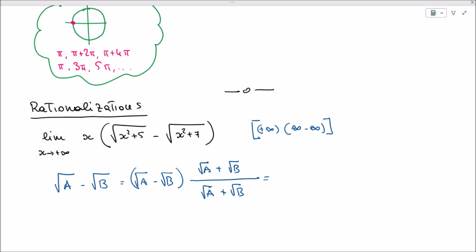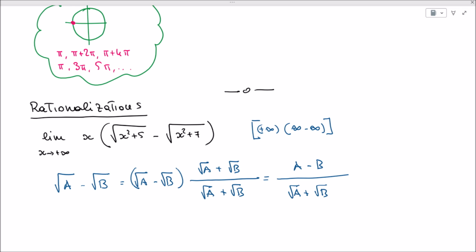But now we can multiply the numerators, and what we get is basically the product of a sum by difference. So what we get is a minus b divided by the square root of a plus the square root of b. So we have rationalized the initial difference of square roots, because we now have a fraction where on the numerator we have no roots, and this is what we are going to do now.